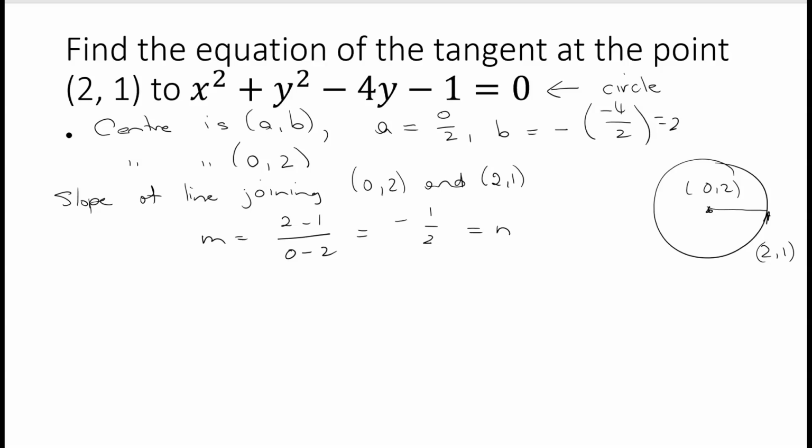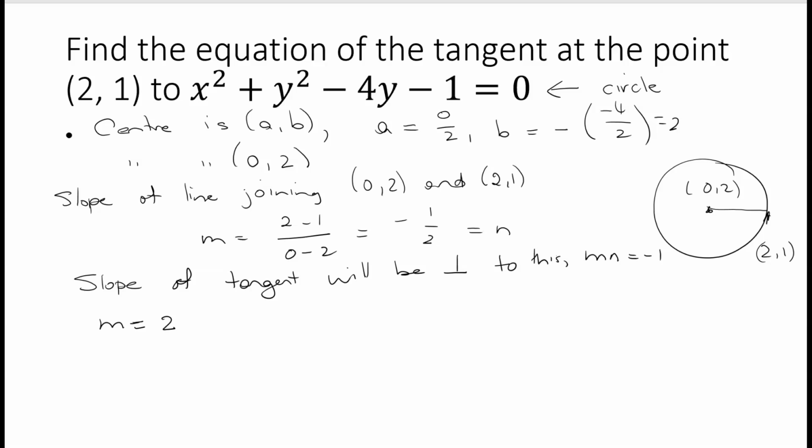Now, the slope of the tangent will be perpendicular to that. In other words, m times n will be equal to negative 1, which means that m must be 2.